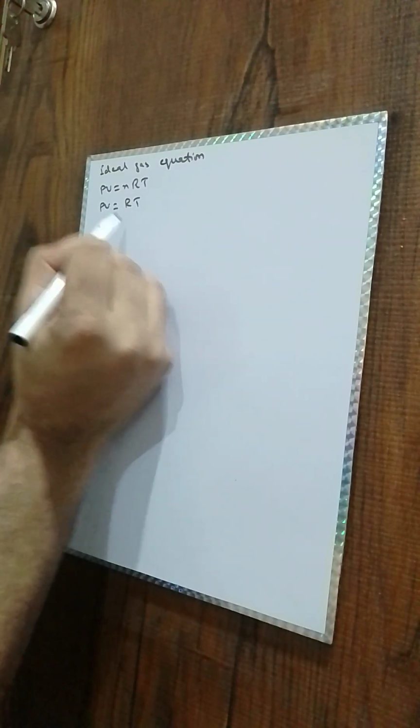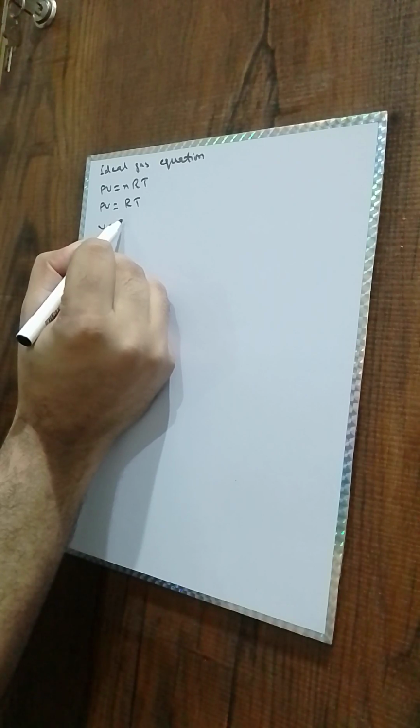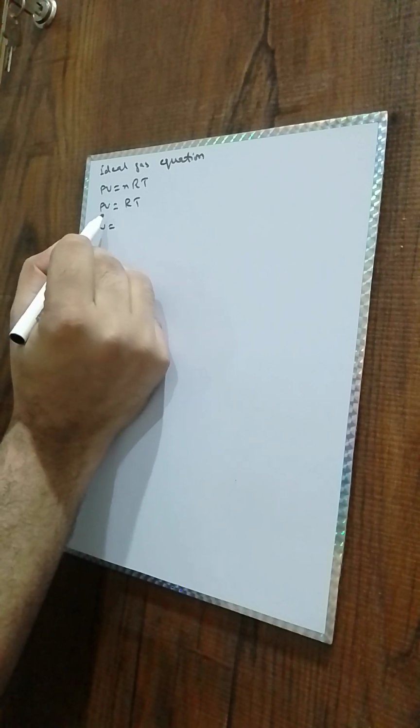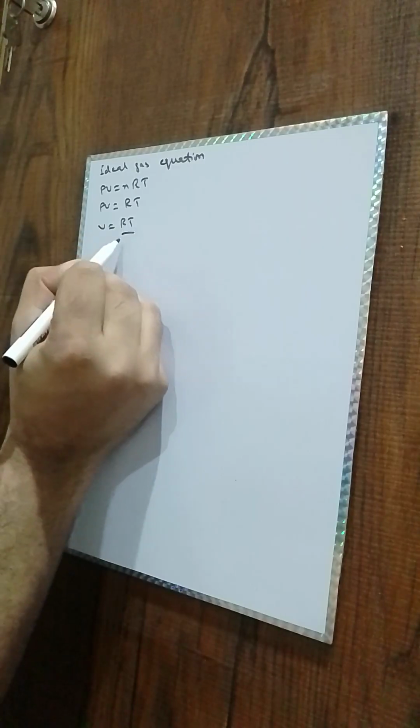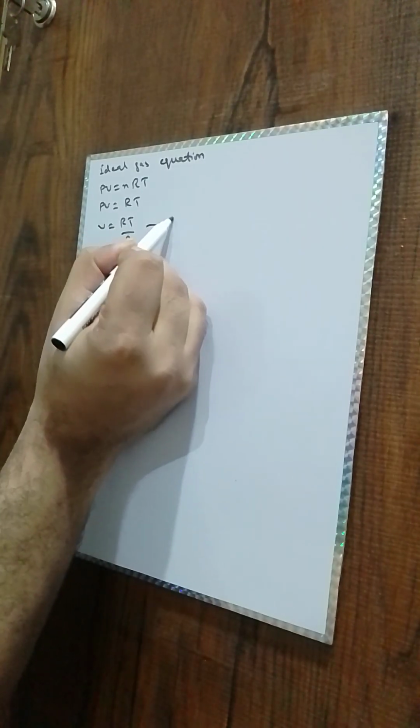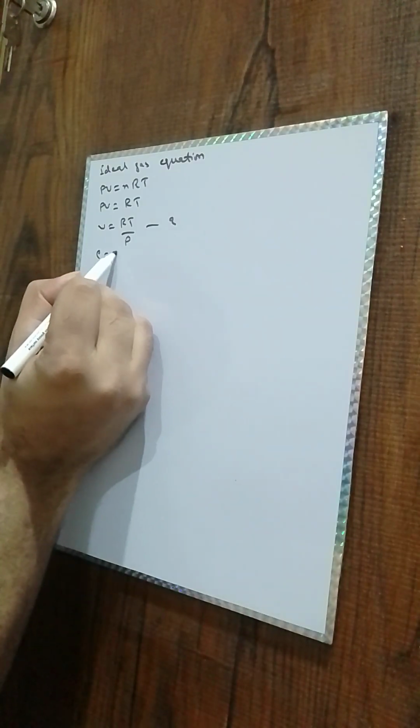So V is equal to RT by P. This can be a substitution, and we know that density is equal to mass per unit volume. Mass divided by volume is equal to density, rho.